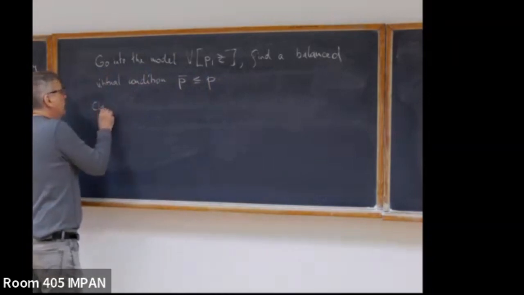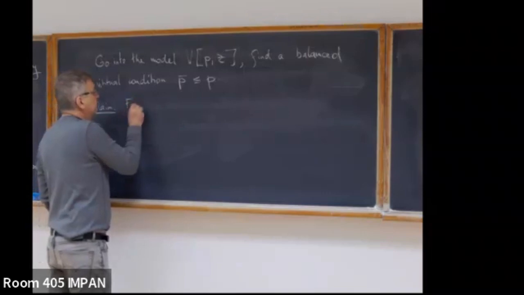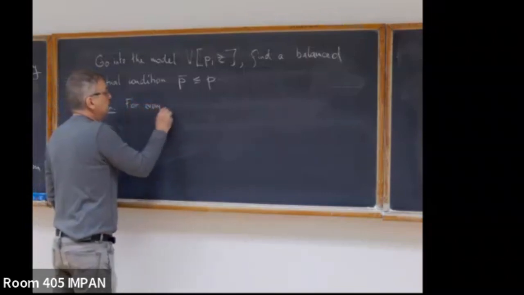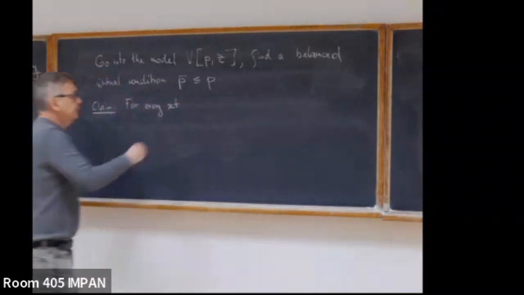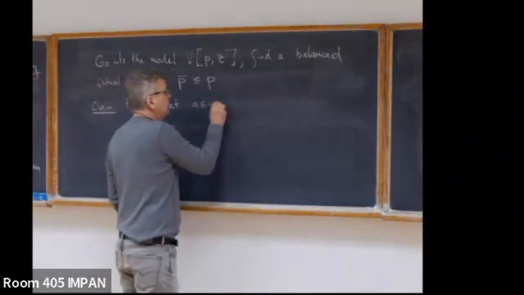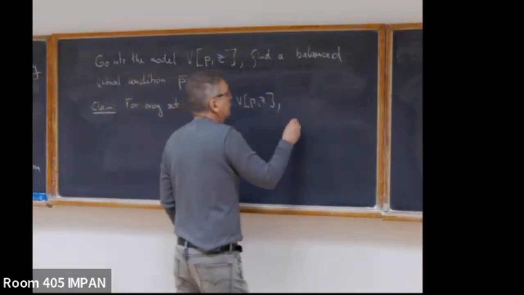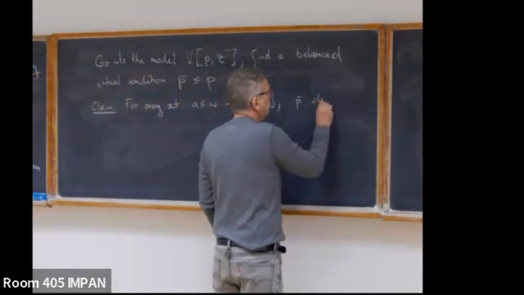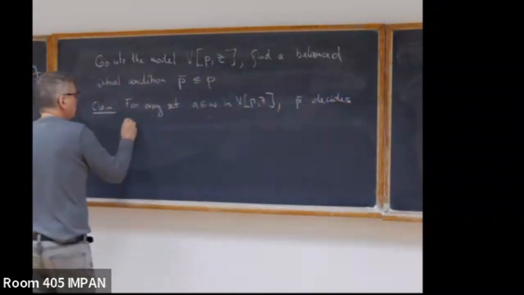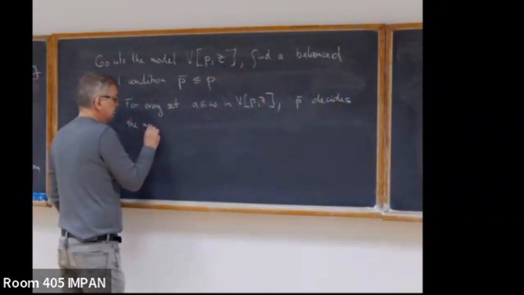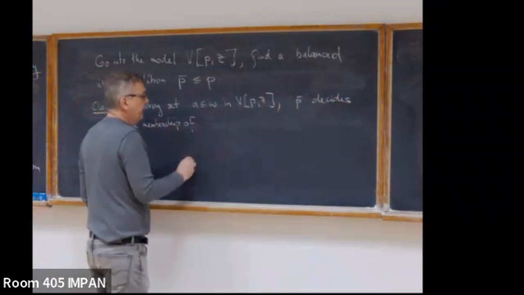Claim one: for every set A subset of omega in VPZ, p-bar decides the membership of A in tau.